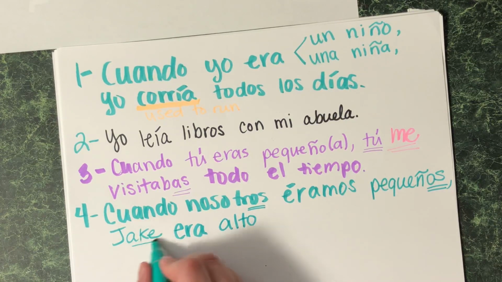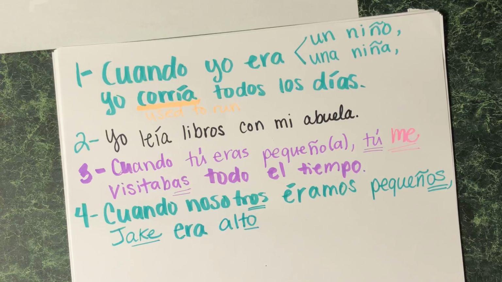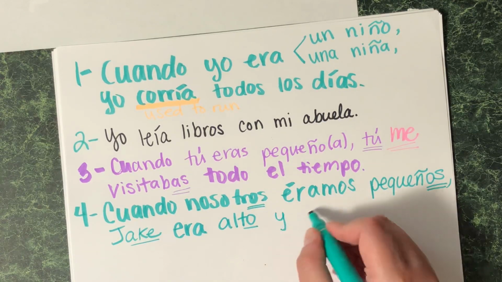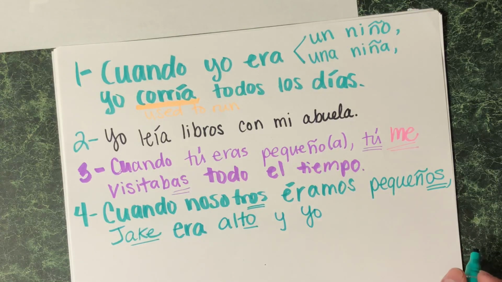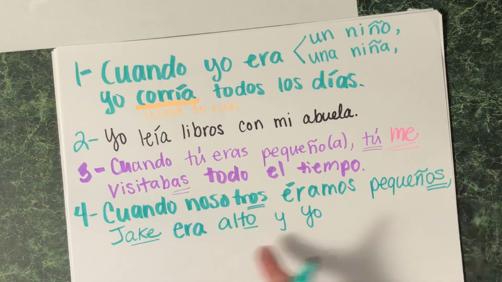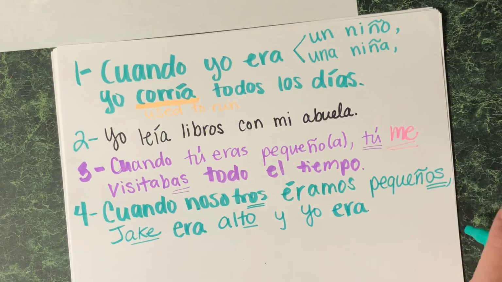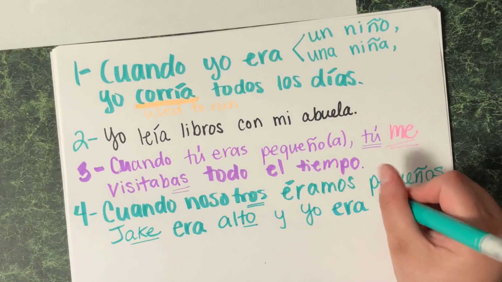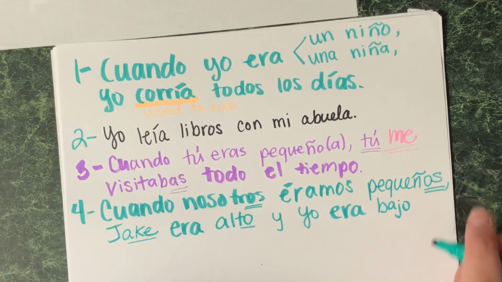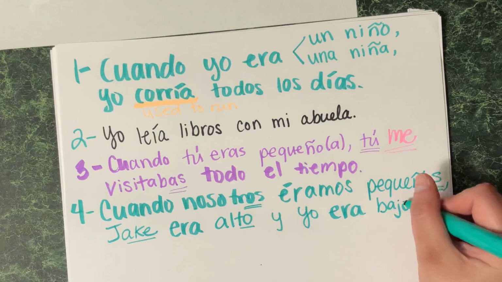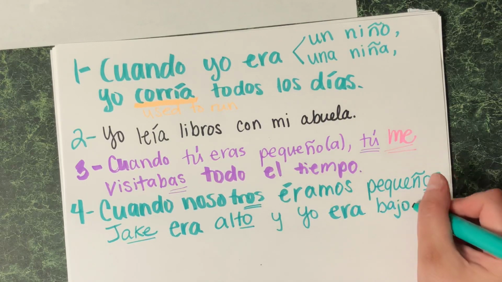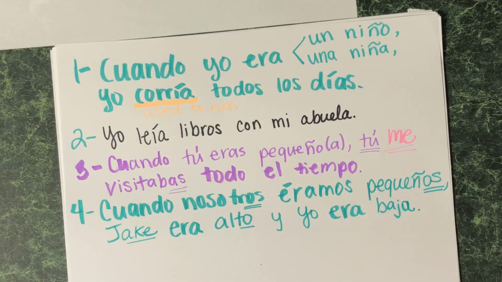He's a guy, so alto must be singular masculine. And then I was short. That's another physical description, so we're going to use the same verb. Era. And then short. You have bajo, or if you're a girl like me, I will put baja, depending on who is yo.